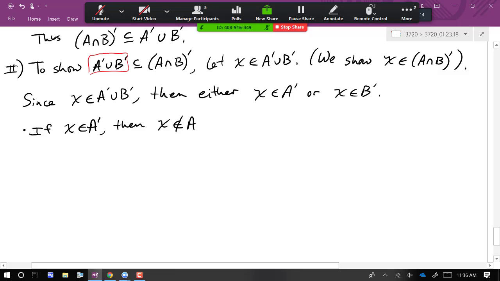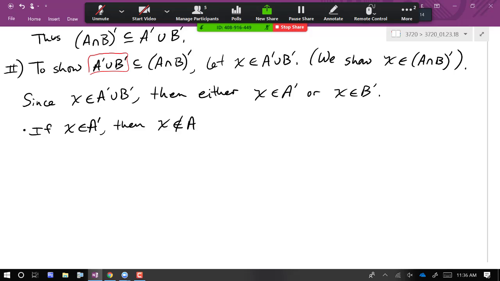Now, if you're not in A, the next step I would take here, because again, I'm keeping my eye on the ball, I'm trying to show that X is in the complement of the intersection of A and B. Meaning, I want to make sure I can establish that X is not in the intersection. Well, I'm pretty much there. If X is not in A, you could not possibly be in the intersection of A and B. To be in the intersection, you have to be in both sets.